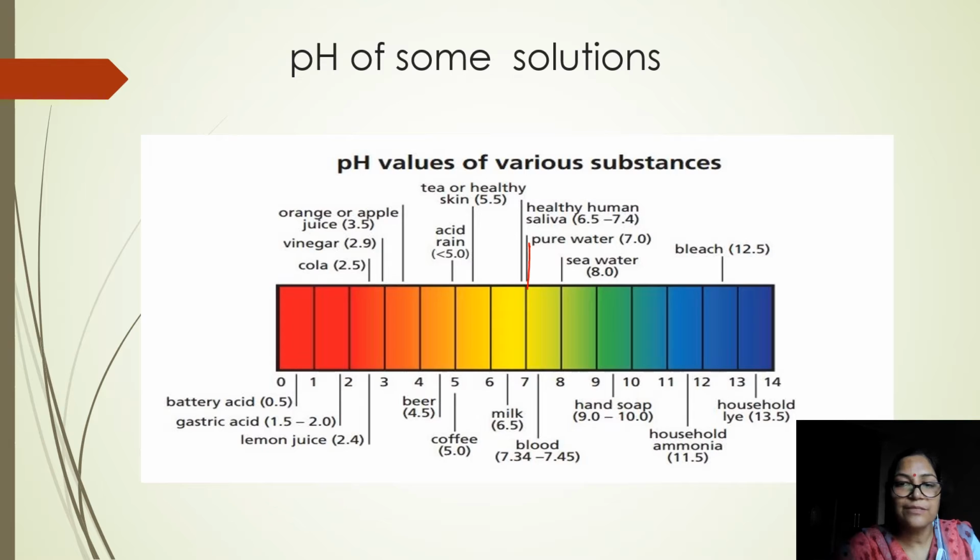Pure water has a pH value of 7. The solutions whose pH value is 7 are considered neutral. Similarly, battery acid has a pH value of 0.5. Gastric juices in the stomach, beer, milk, blood. Blood has a pH value in the range 7.34 to 7.45.